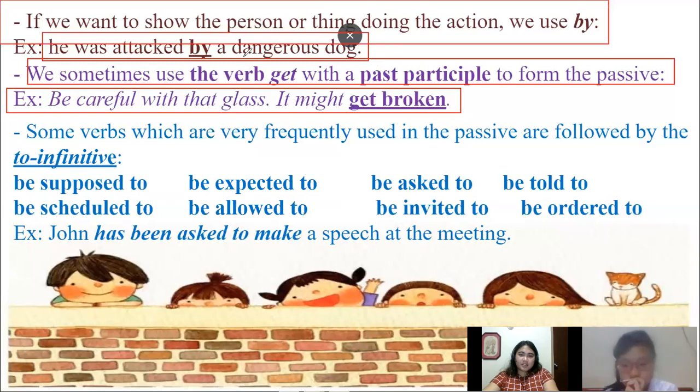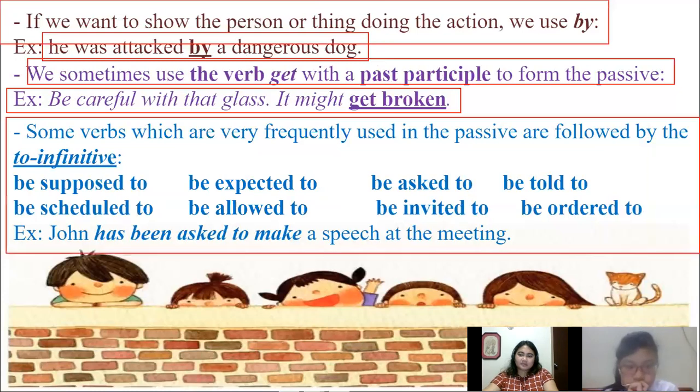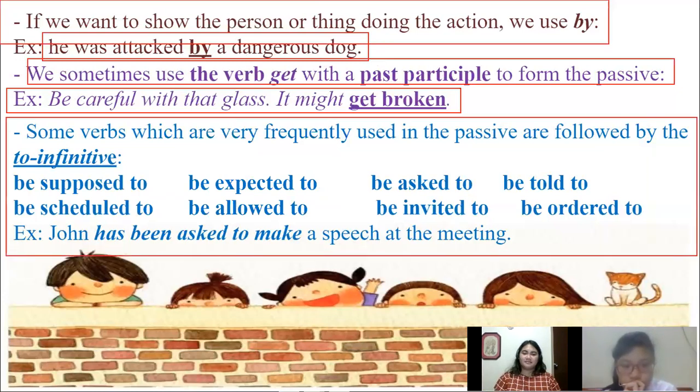Just read this. We're not going to make examples anymore. All right. Please read this. Some verbs which are frequently used in the passive are followed by the to-infinitive: to be scheduled to, to be expected to, to be allowed to, to be asked to, to be invited to, to be told to, to be ordered to.